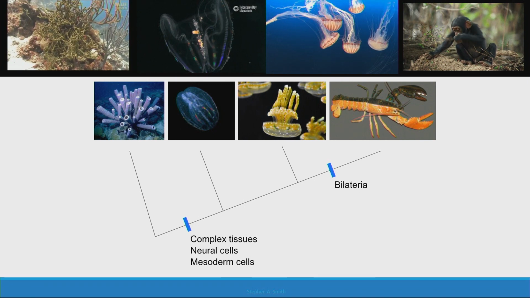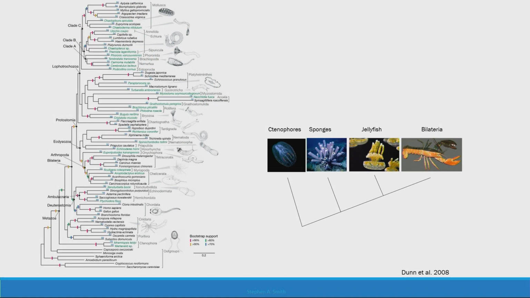Okay, so we published a phylogeny in 2008 that suggested, based on a bunch of genomic data, that this was not correct. That in fact, sponges and ctenophores switch, right?